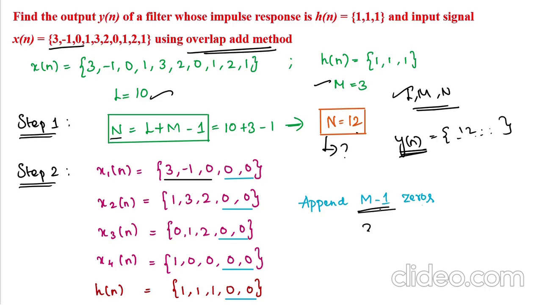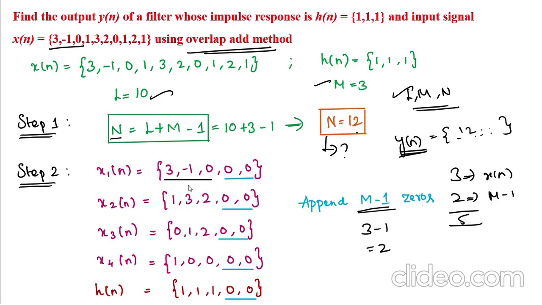The value of m is 3, 3 minus 1 is 2. So in every case, you take 3 values from x of n and append 2 values as per m minus 1. So each section will have 5 terms. So x1 of n will have 5 terms.